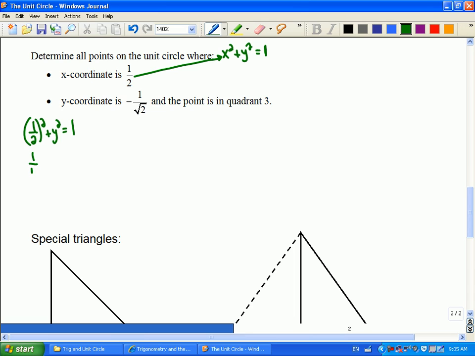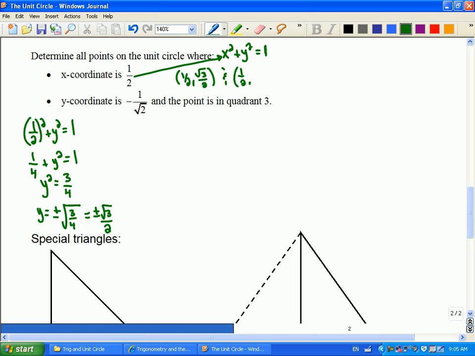So 1/4 plus y squared is 1. So there's two other spots. The points would be at 1/2, √3/2, which we just saw above, and also at 1/2 and negative √3/2.